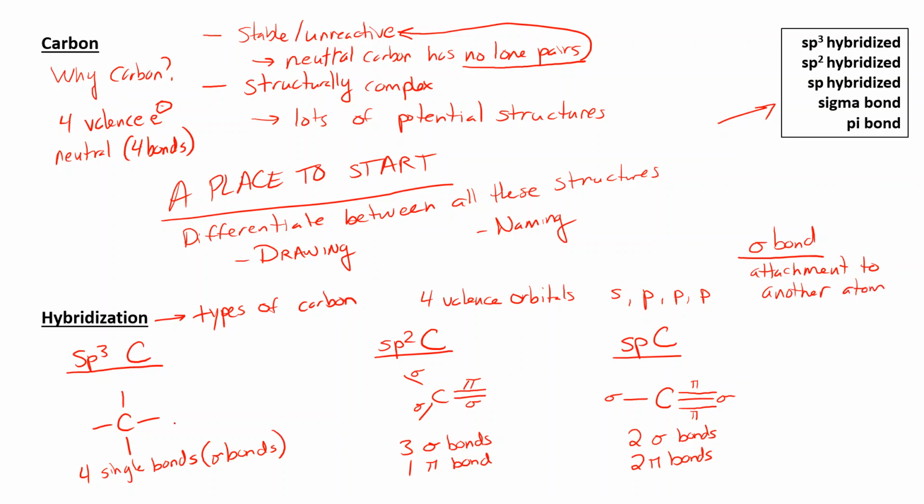So that first bond that connects, I guess I didn't draw all these out as sigma, sigma, sigma, sigma, and sigma, right? The bond that attaches that carbon to something else. And then the pi bond is any additional bond after the first.